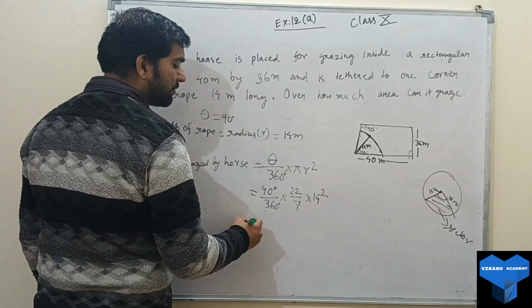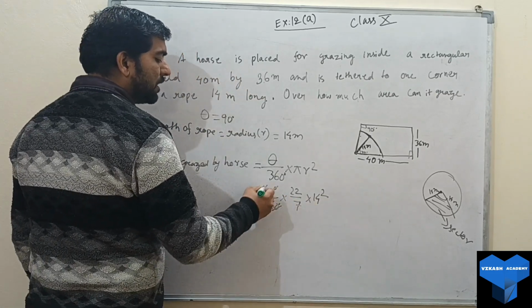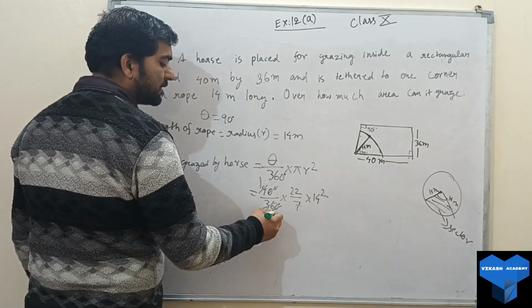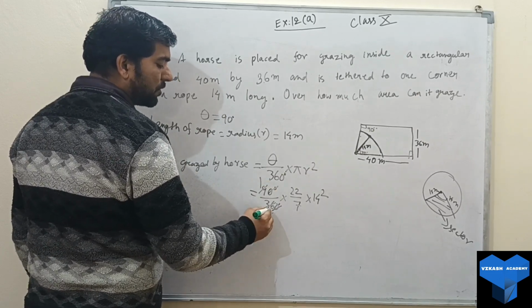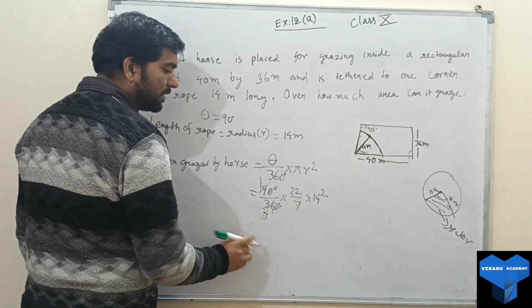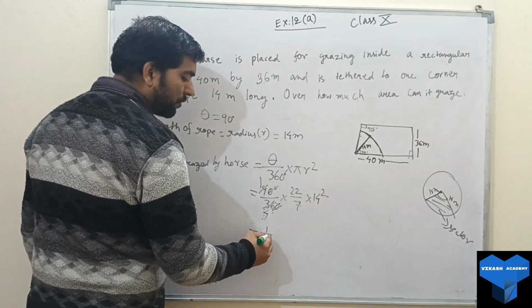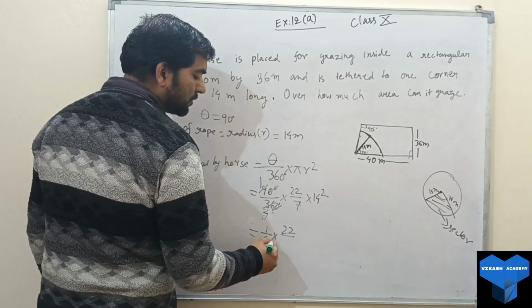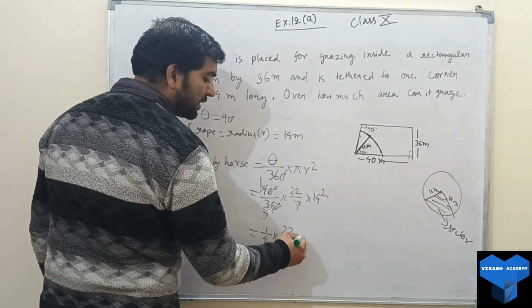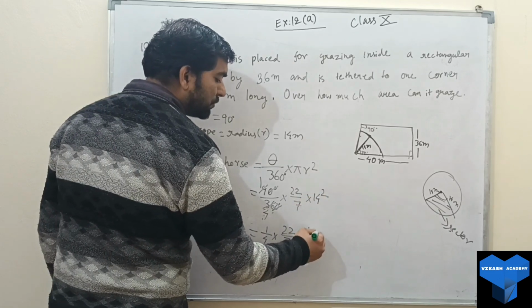Next step, I can cancel 0 and 0. 9 1s are 9, 9 4s are 36. So it will be 1 by 4 into 22 by 7 into 14 square, means 14 into 14.